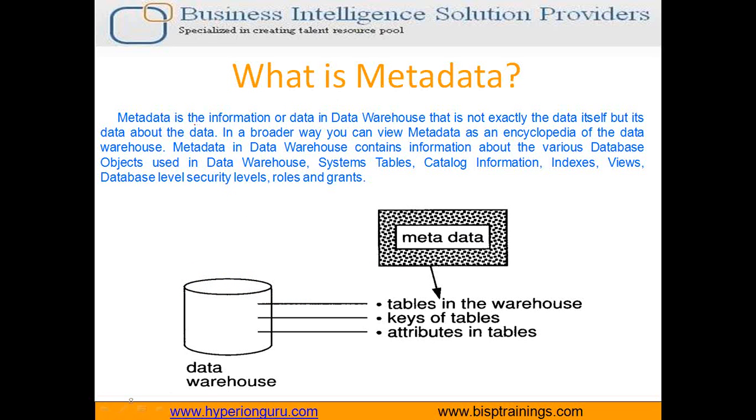So what is metadata? See, metadata is information on or data in the data warehouse. That is not exactly the data itself, but about the data. Like you have 100 tables, 20 tables for HR, 30 for your procurement, 30 for sales.